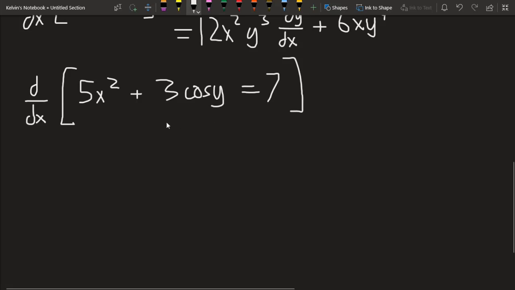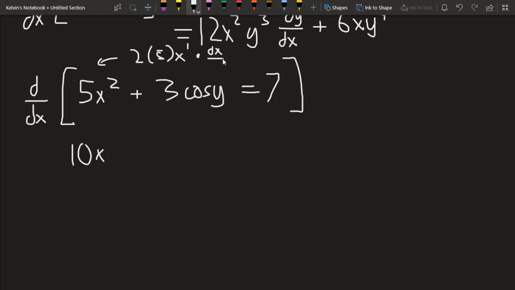Our first step would be to take the derivative of 5x squared. That would just be equal to 10x, because this would be equal to 2 times 5x to the power 2 minus 1, which is 1, times the derivative dx over dx, which is 1. So this is just 10x.